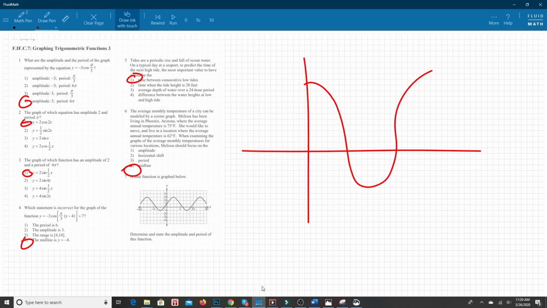Look for that midline first before you think about the amplitude. The midline here seems to be at y equals 1. You guys decide that. I'm thinking the amplitude would be around 2, because it goes from 1 to 3.